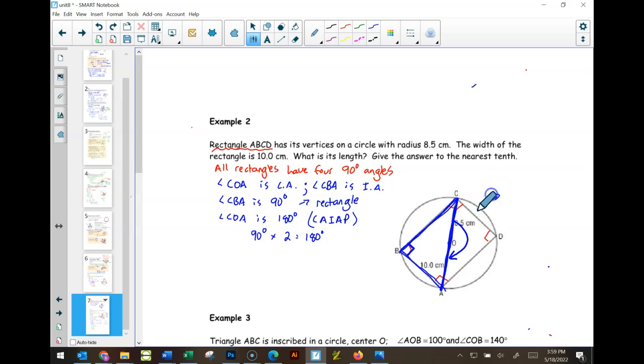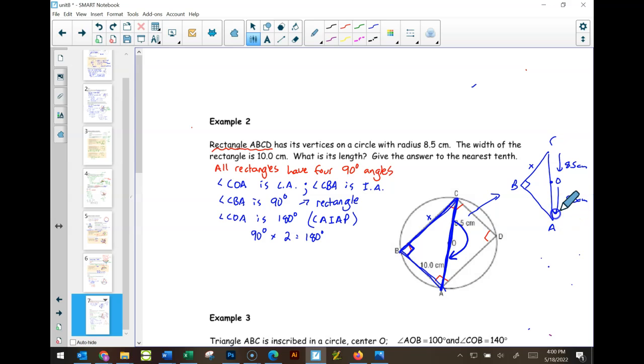If I just pull that whole triangle out there just to make it a little easier to see, what we've got is something that looks like this, and we're trying to find the width of the rectangle, so I'm just going to call that X right there. This is C, and that is B, and this is A. We know that from here to here is 8.5 centimeters, and we also know that C to O is a radius, which means that C to A is also a radius.